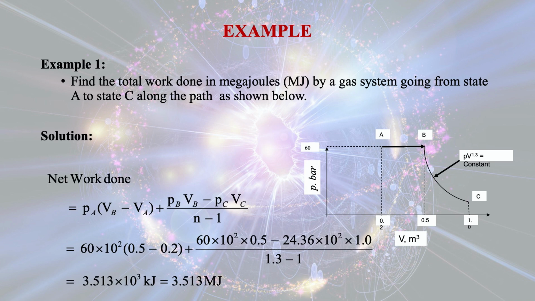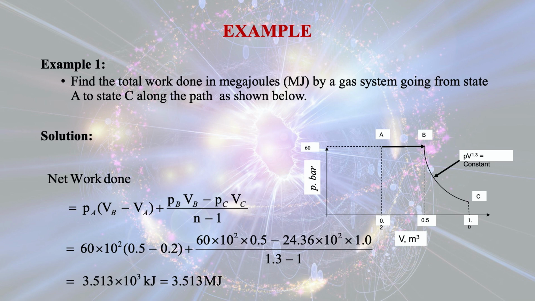Now for net work done, initially it is a constant pressure process, the expression is PB within bracket VB minus VA, plus the isothermal process, that expression is also known. But from B to C, it is a polytropic process. So for the polytropic process, the work done is given as PB VB minus PC VC whole divided by n minus 1.